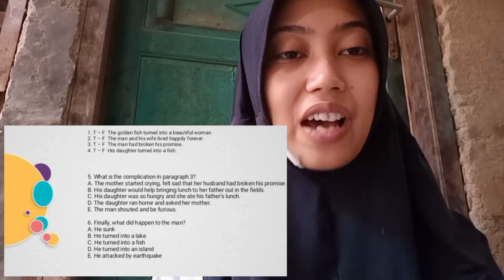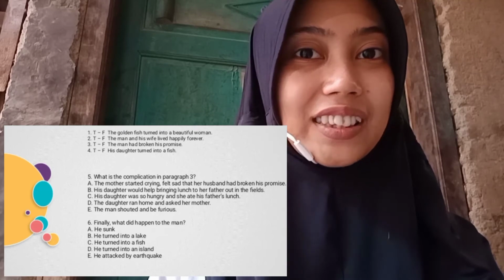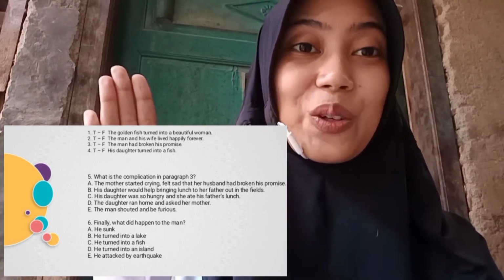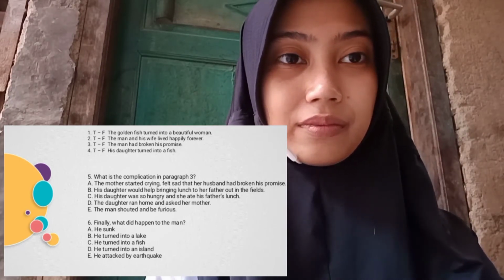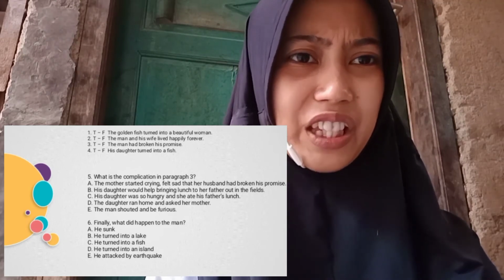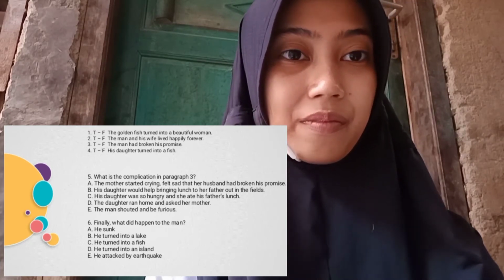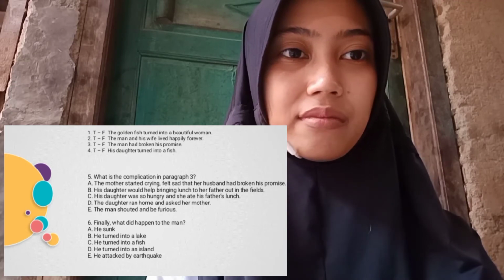I'm going to give you an assignment. For numbers 1 to 4, you have to choose true or false. Who wants to answer number 1? Raise your hand. Oh, Dina. Okay, please, Dina. True or false? True. Alright. So the golden fish turned into a beautiful woman. Show me the proof.